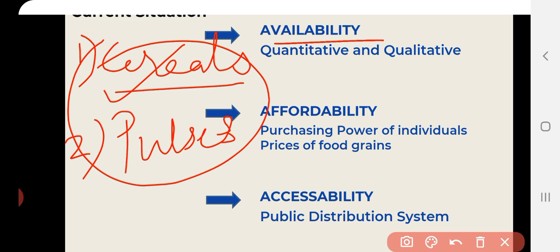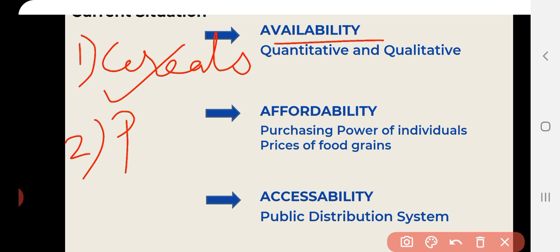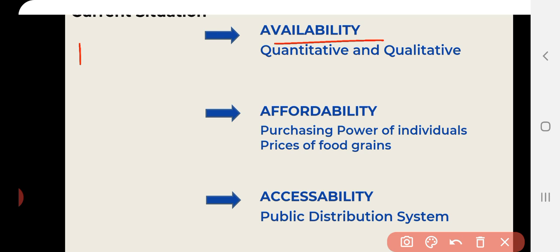Now the second point is about the affordability of the food grains. In this point, we consider the purchasing power of an individual to buy the food grains from the market.